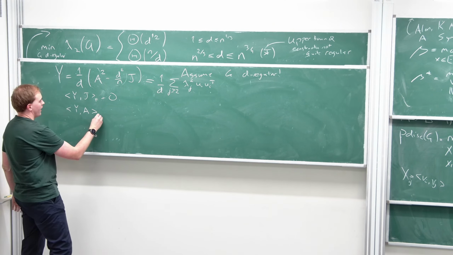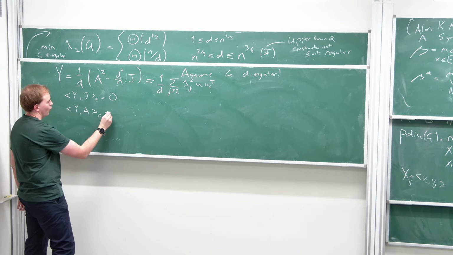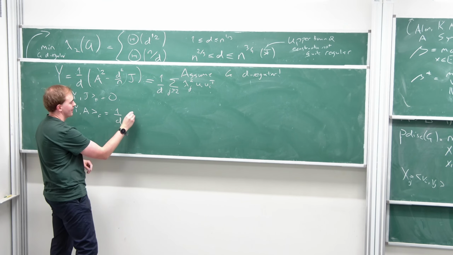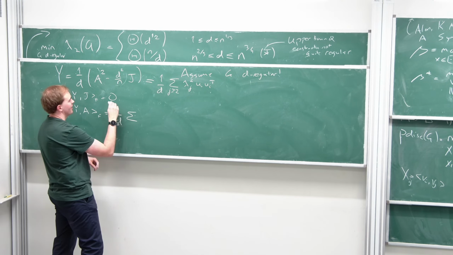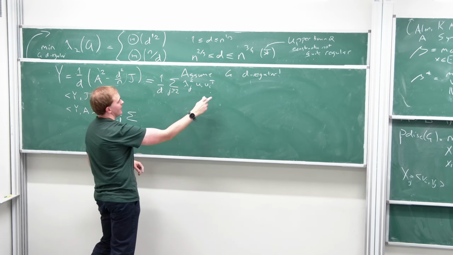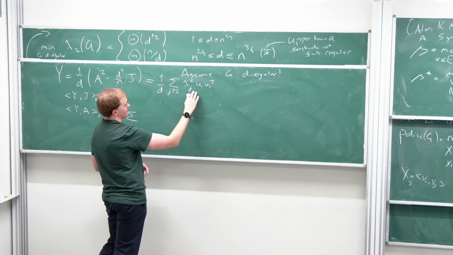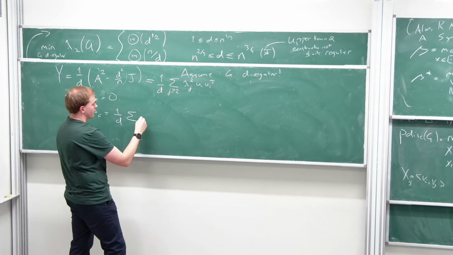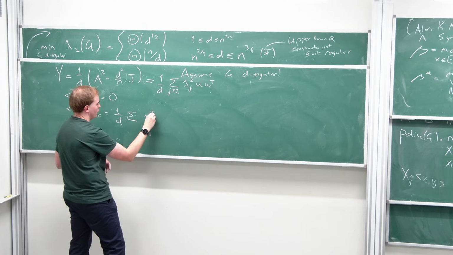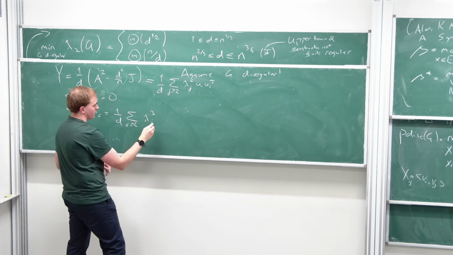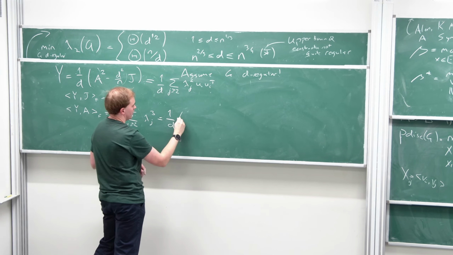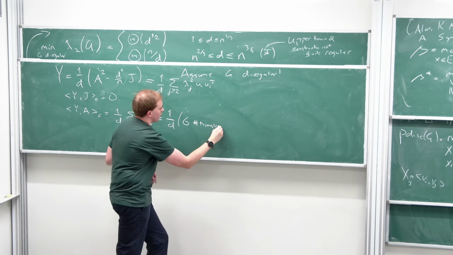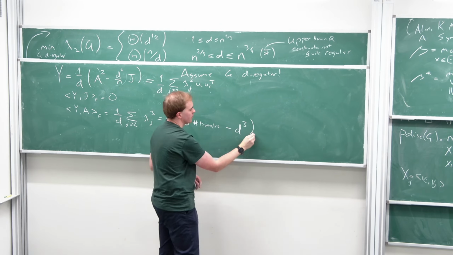For the inner product of Y and A, if you just do the maths, you would find that we can decompose A as a sum of lambda_j times u_j u_j transpose, and the cross terms contribute 0. So what we get is just the sum of the lambda cubes, which is 6 times the number of triangles minus d cubed.